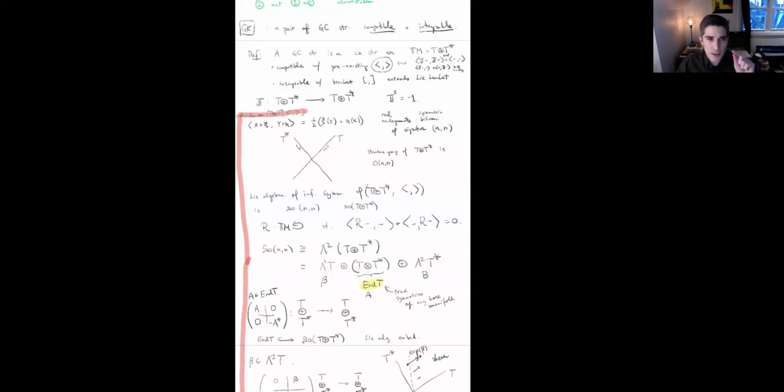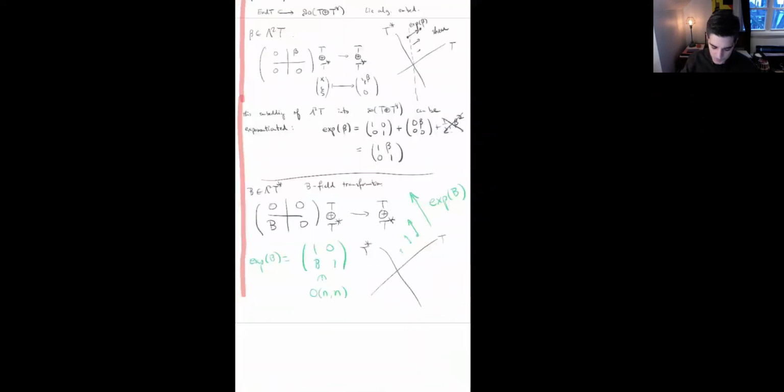If you look at where Hitchin started, he started with something very special about the Lorentzian type geometry of this inner product on T plus T star: the fact that it's a split signature metric was the key idea that started the whole subject. I'll get to that later today, so just keep an eye out for that.